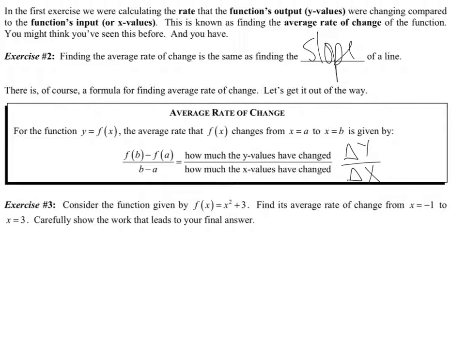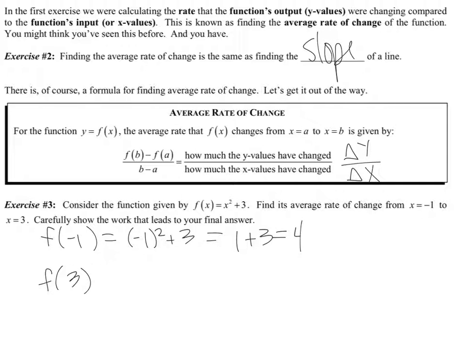So consider this function for exercise 3. Find its average rate of change from x equals negative 1 to x equals 3. So what you're going to have to do is find f of negative 1 and f of 3 to be able to find what y equals in each one of those. So f of negative 1 is going to be negative 1 squared plus 3, which is 1 plus 3, which is 4. And f of 3 is going to be 3 squared plus 3, which is 9 plus 3, which is 12.